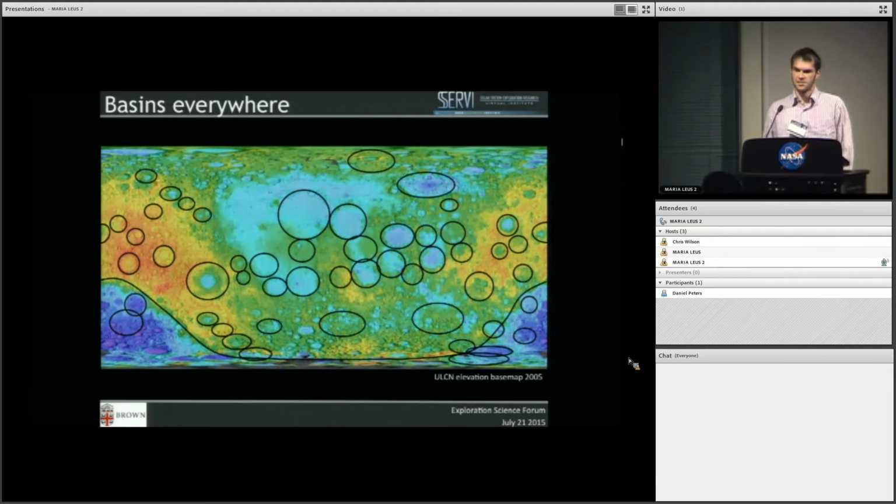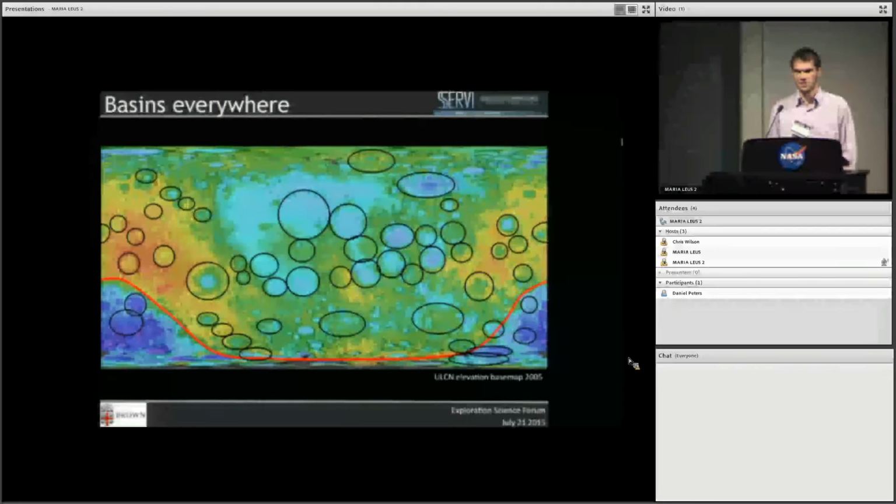The largest definitive basin on the moon is the South Pole Aitken Basin, highlighted by the red line here, located on the far side of the moon and approximately 2,500 kilometers in diameter. To give you an idea of the scale, that's approximately the distance from New York to Denver. So it's a sizable feature.